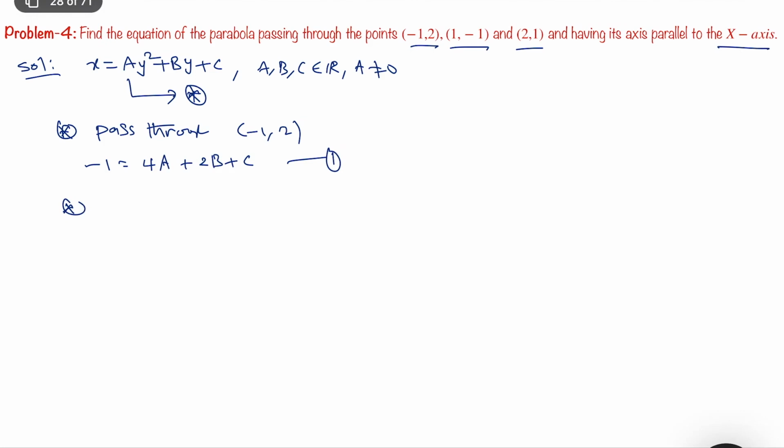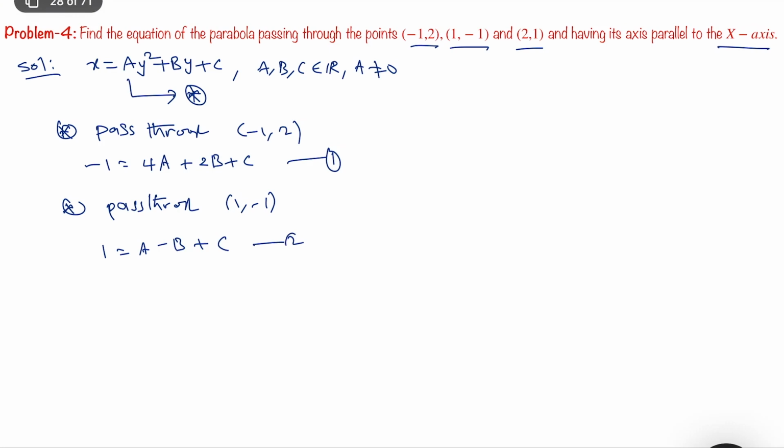Again, this parabola x equal to ay square plus by plus c should also pass through the point 1 comma minus 1. So if I substitute this point in the equation, I should have 1 equal to a minus b plus c.